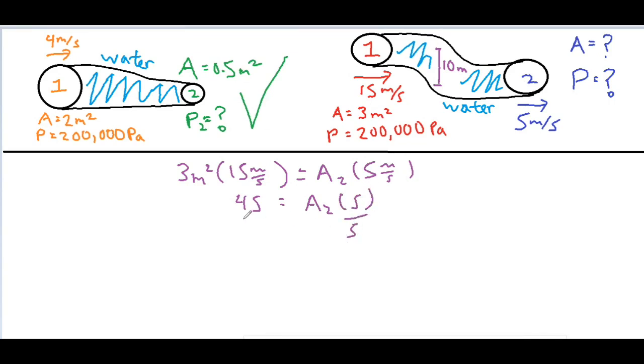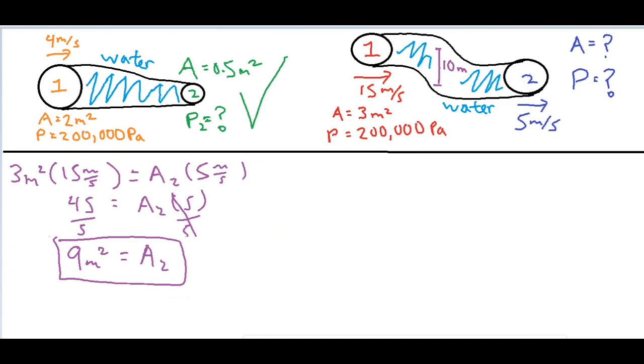Go ahead and divide both sides by 5. And then our area comes out to 9 meters squared. And then we have our first answer. We got our area.